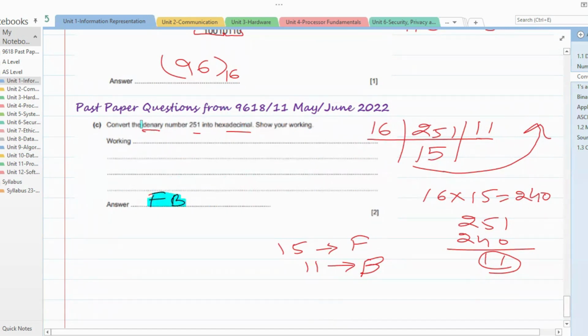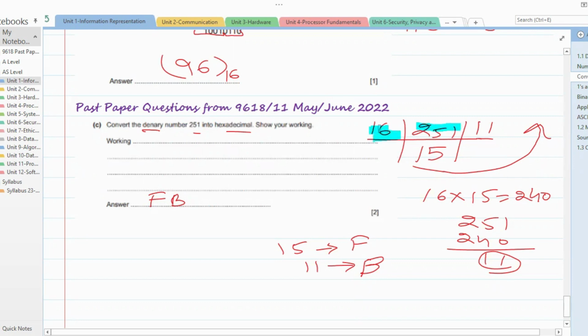Here they have mentioned the denary number 251 is to be converted to hexadecimal. You can use any method. I have mentioned 2 methods up there. Here I have used the division by 16 method.